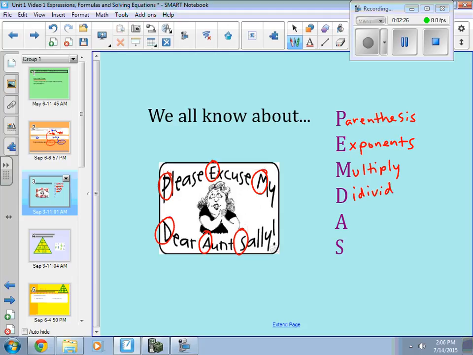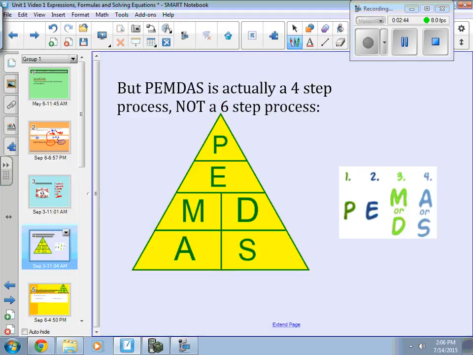Oops. Spelled that one wrong. Divide. And then finally, we want to add and subtract. Okay, so when you're doing that, PEMDAS is actually not 6 steps, even though we had 6 words there. It's actually 4 steps.